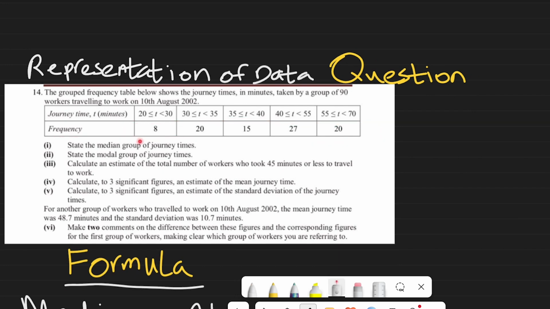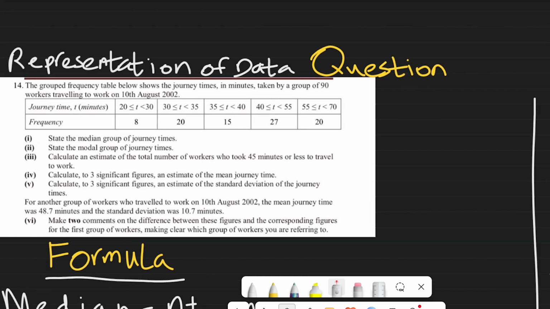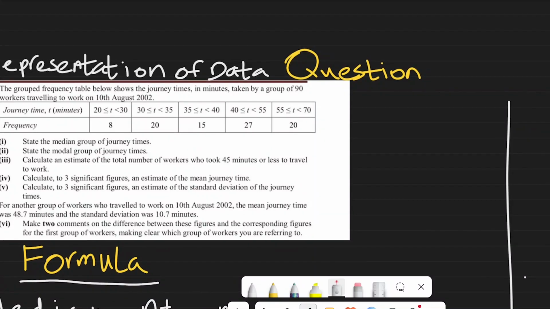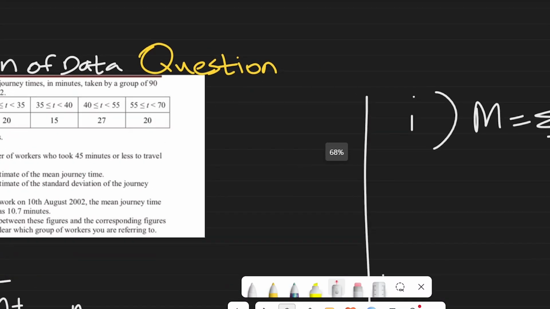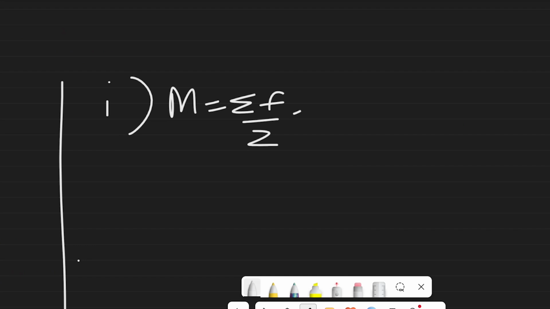You can just do it manually on your calculators. You don't need to write all these values on your question papers to show the working. We have just written sigma f and it is equal to 90, as we can also see over here, a group of 90 people. All right, so this would be 90 over 2.